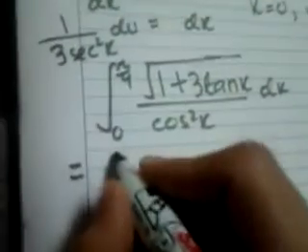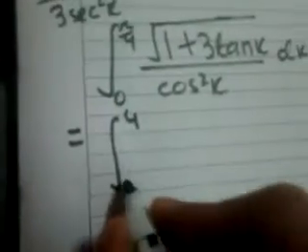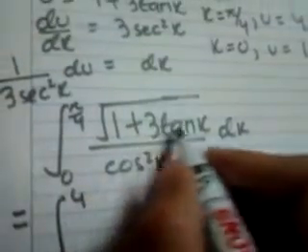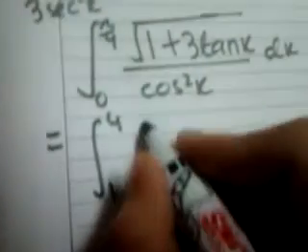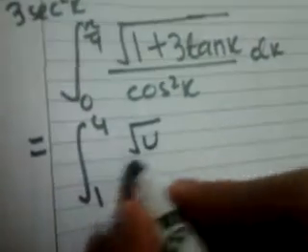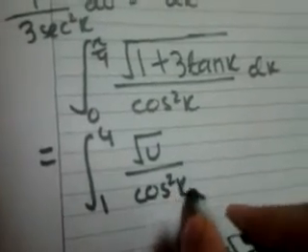Now this is integration by substitution, so let's substitute. What's pi by 4? Pi by 4 is 4. That's 0. 0 is 1. What's this term here? 1 plus 3 tan x is u. Therefore root of 1 plus 3 tan x is root u.